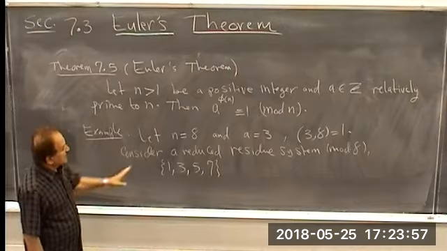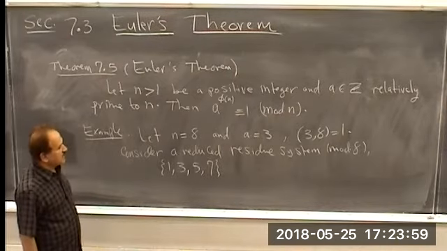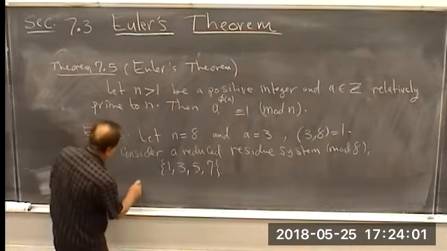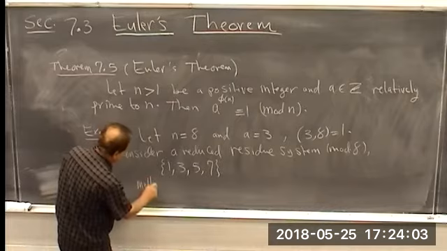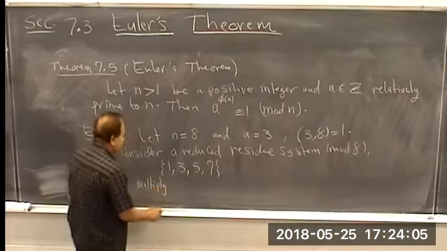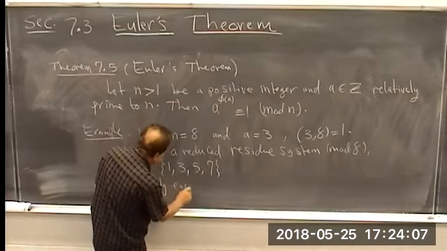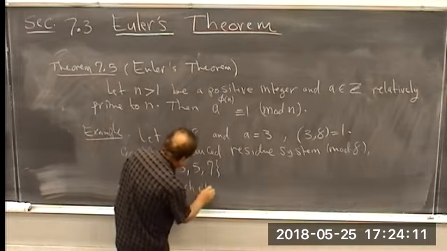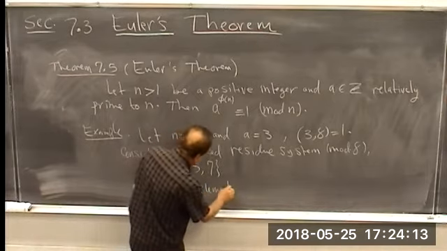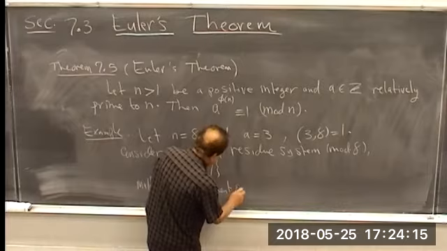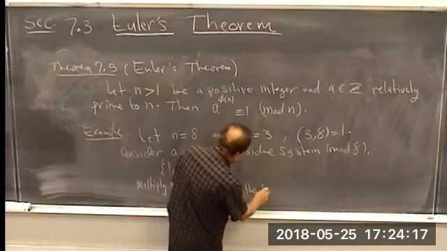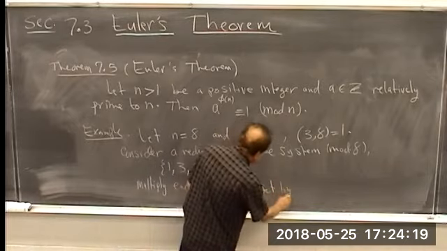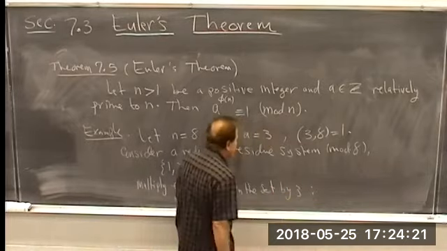Then I'm going to multiply each element in the set by 3.